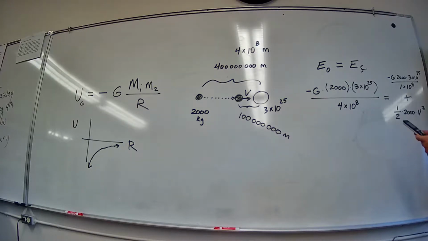Divide that by 4 times 10 to the 8th. I'm sorry, I know the numbers get really big, it's a little annoying. So I've got this number, and this is a negative number, so I'm going to add that on to that side, or I could subtract the negative value, but I'm going plus G times 2,000.